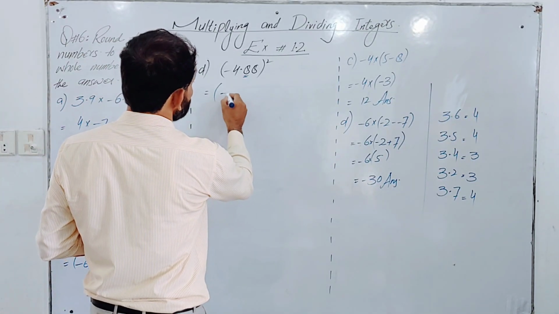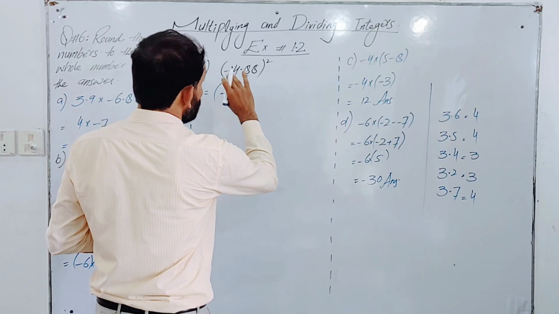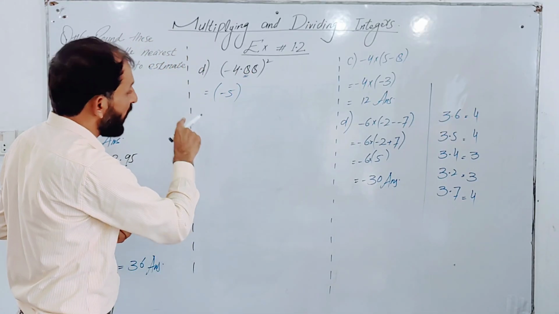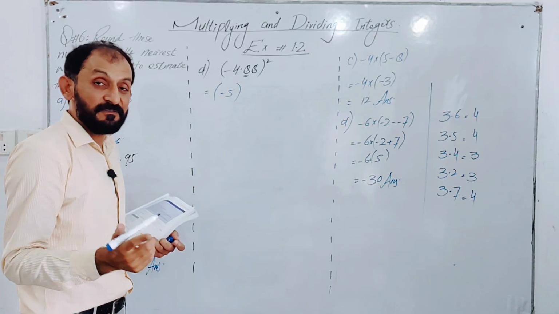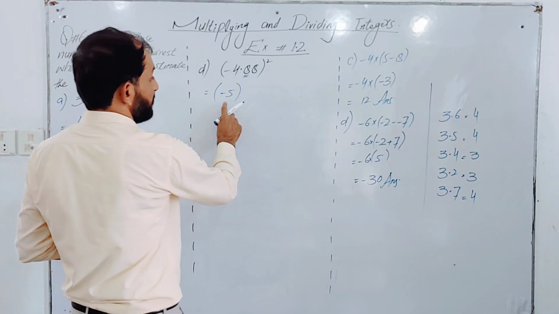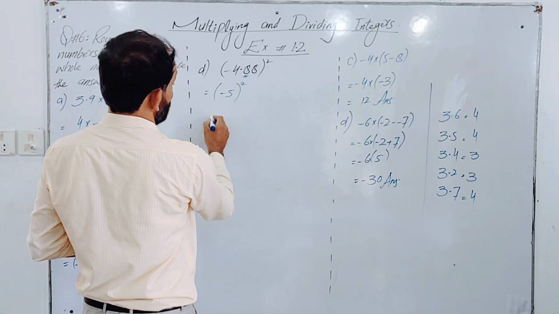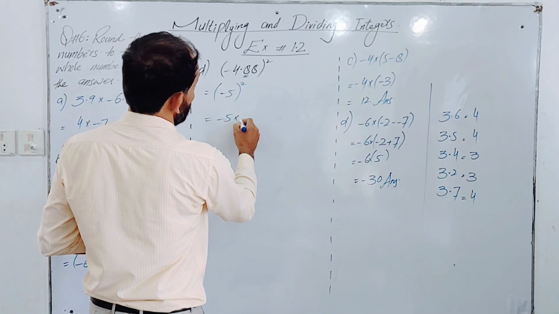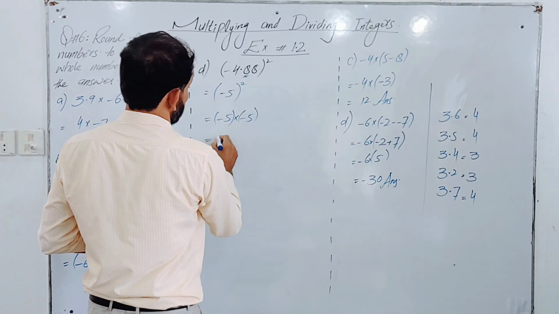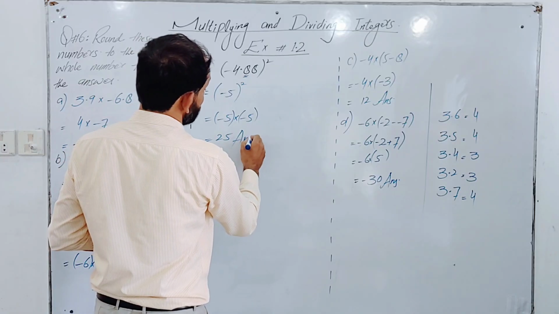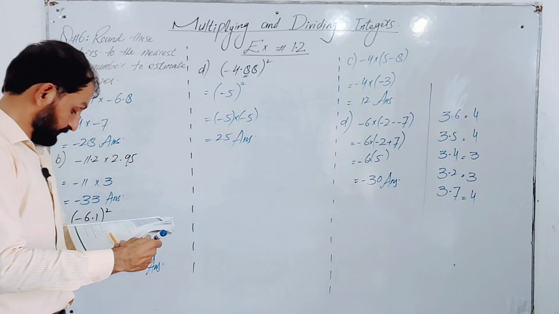We have to use the step up technique. -4.8 will be written in the form of -5 square. -5 multiply by -5. 25 is the required answer.